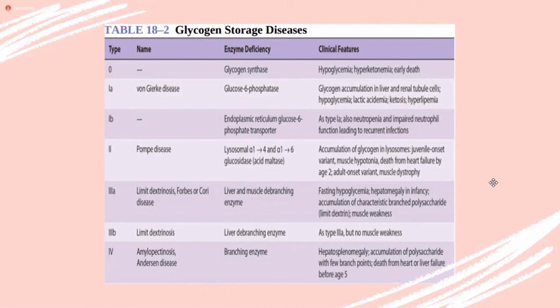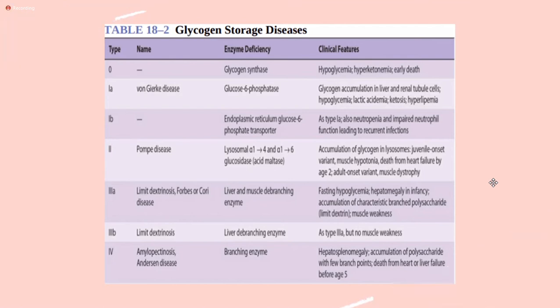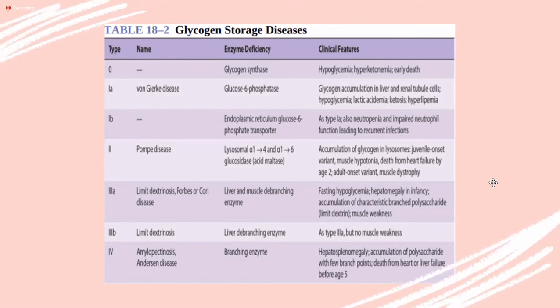So the liver increases, with accumulation of polysaccharide without or with only a few branch points. Death from heart or liver failure before age 5. So they die.